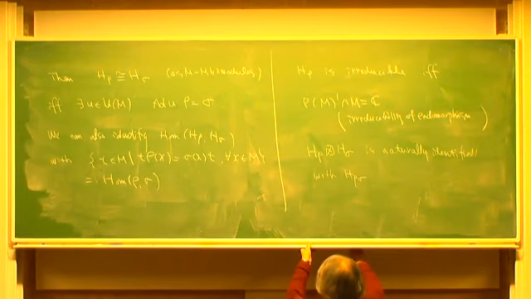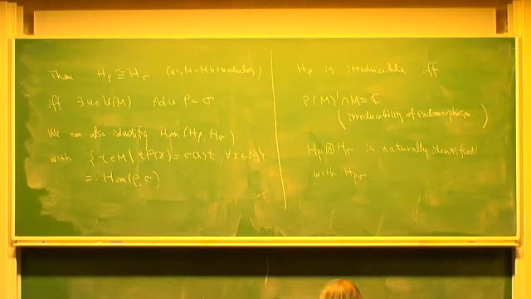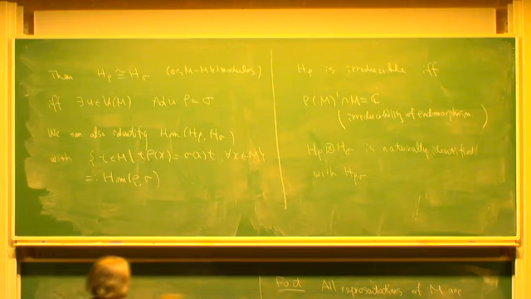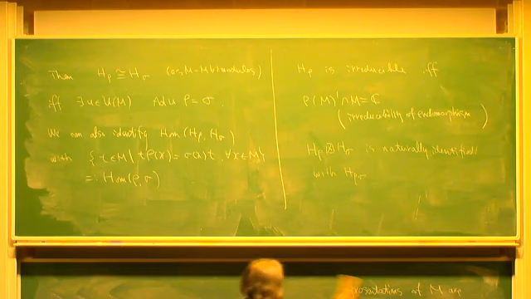So this is about the fusion. And also we have a notion of direct sum. For two bimodules, we can just take a direct sum as Hilbert spaces. Then this gives us a direct sum of M-M bimodules.